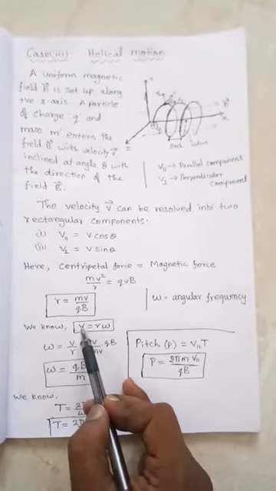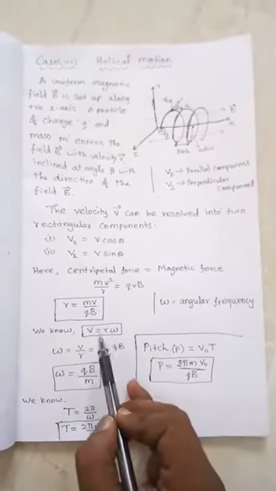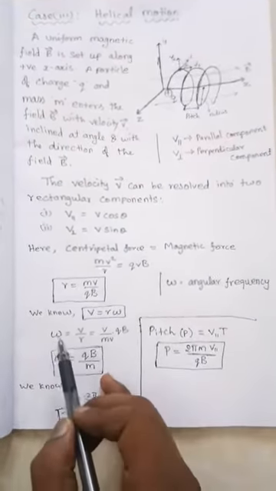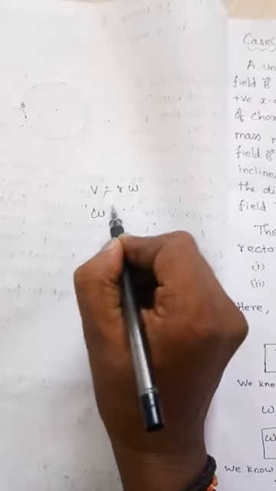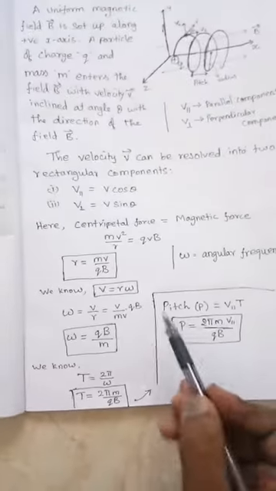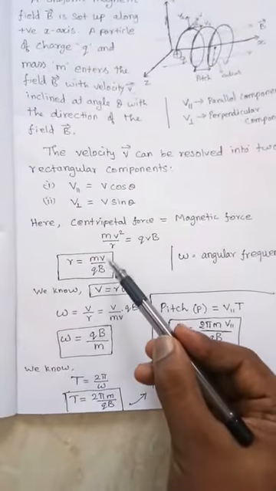Here we know the formula v is equal to r omega. v is the linear velocity, omega is the angular frequency, r is the radius of the circle. So v is equal to r omega, so omega is equal to v by r. Already you know the r value, mv by qB.